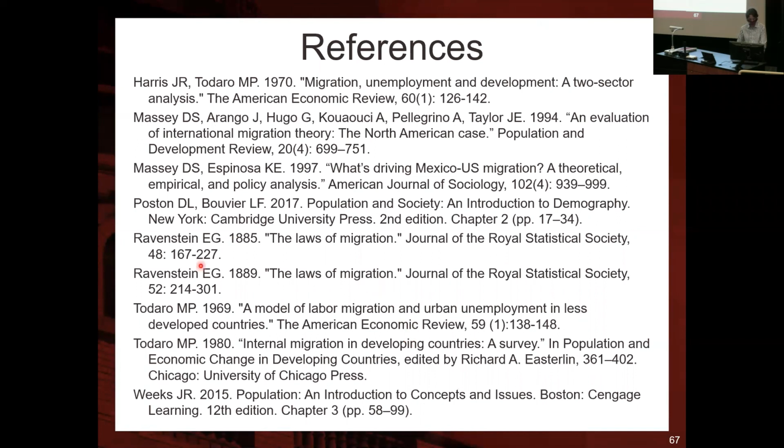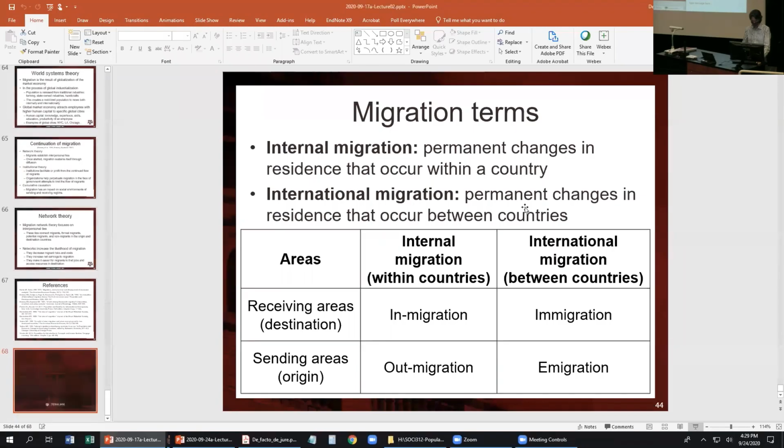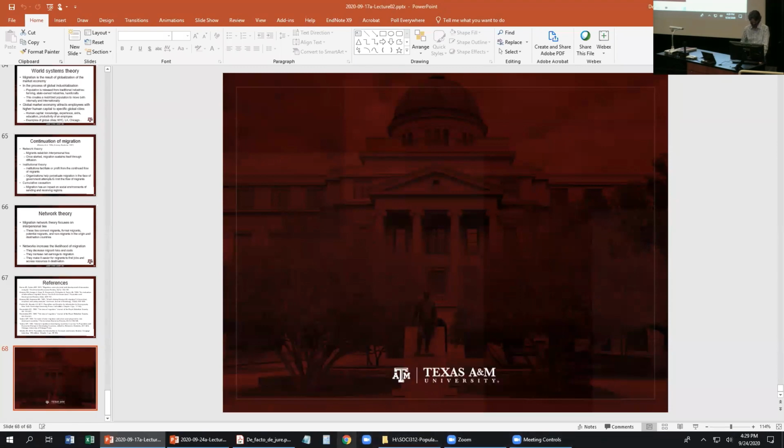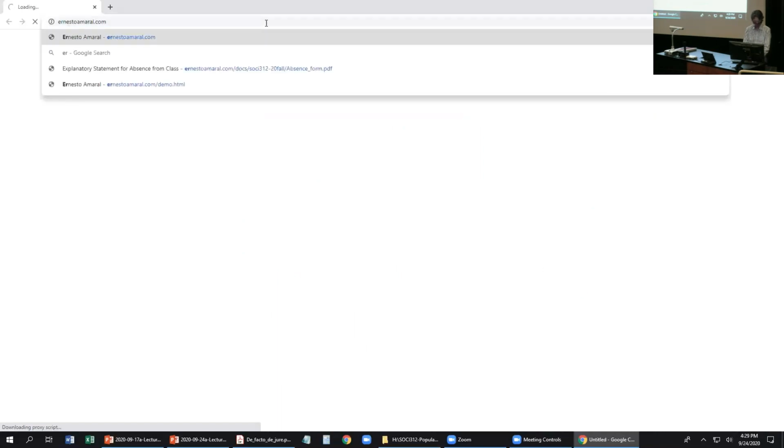So here are the different papers that I use. For example, Ravenstein, The Laws of Migration from 1885 and 89. Todaro has this article, and also these two articles that I put here, but he has also books on this topic. And let me just see here, because I mentioned that I want to show you that graph.